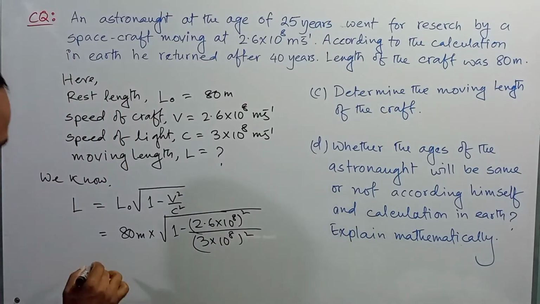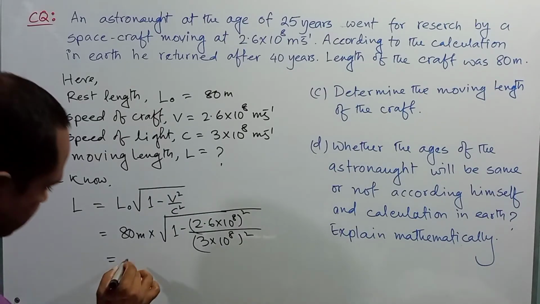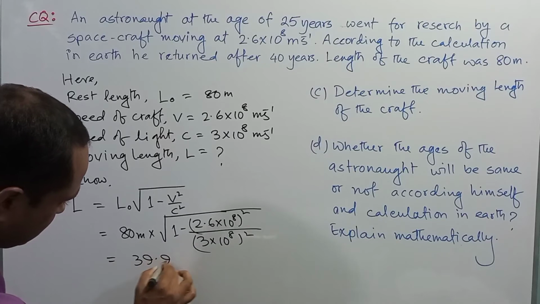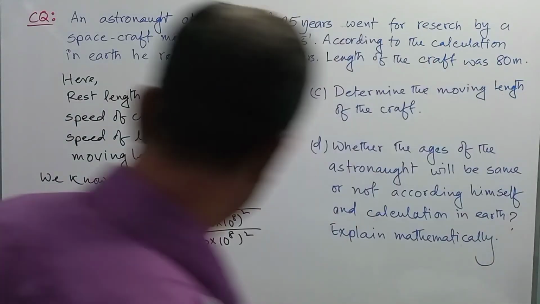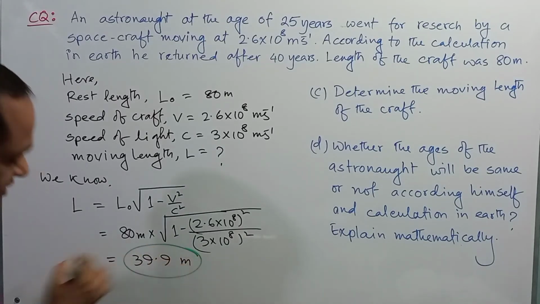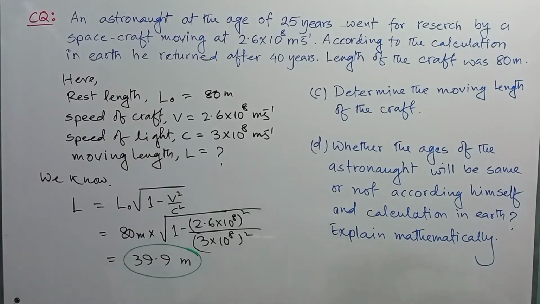So after the calculation, dear student, you will get 39.9 meter. So this is the moving length of the spacecraft. Okay, I hope you got it.